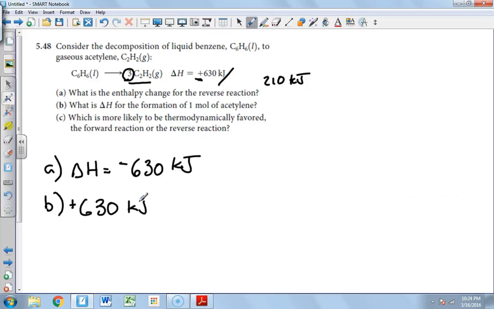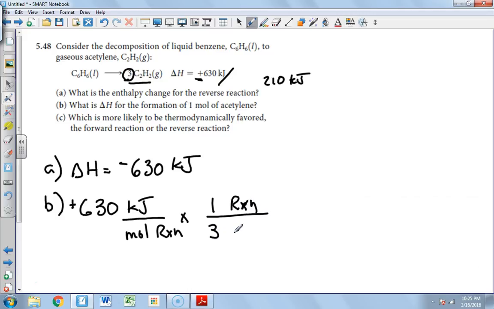And so this is kilojoules, but it's safe when we're given this delta H that it's kilojoules per mole reaction. Okay, and so now we're talking about there just being one of these reactions. We didn't put a coefficient in front of the whole reaction to multiply it, so it's just per 1 mole of reaction.